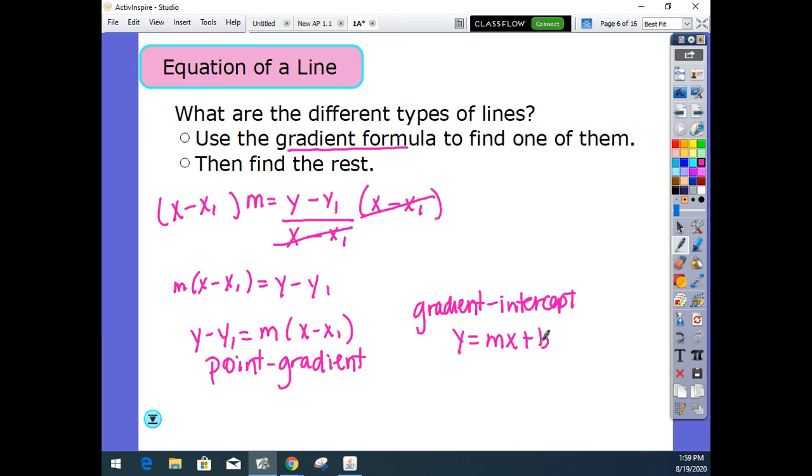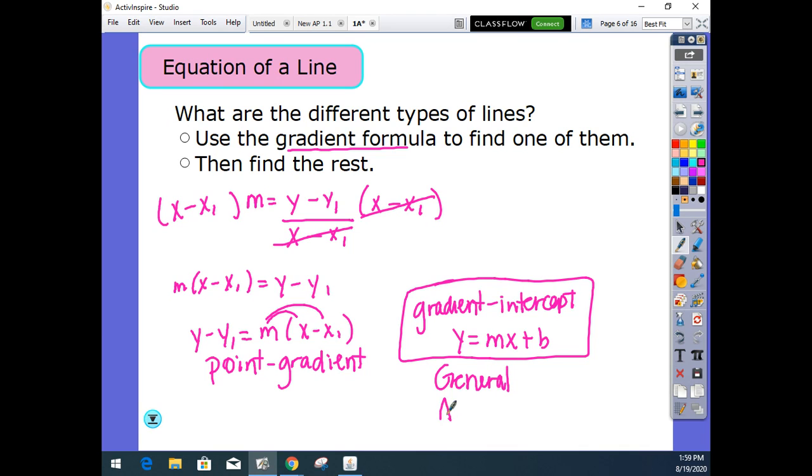That would actually come from here if we distribute the slope through and then add the y to the other side. That's where this one comes from. And there's a general one, and that's your ax plus by equals c.